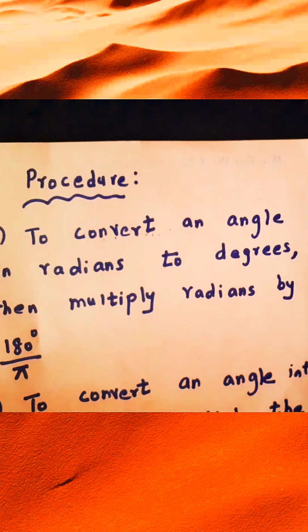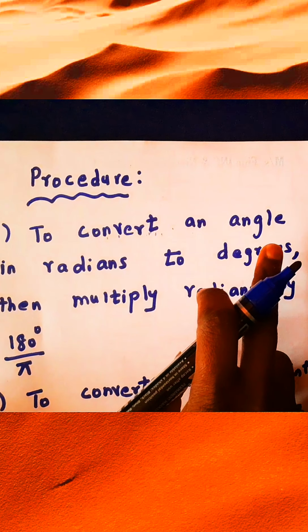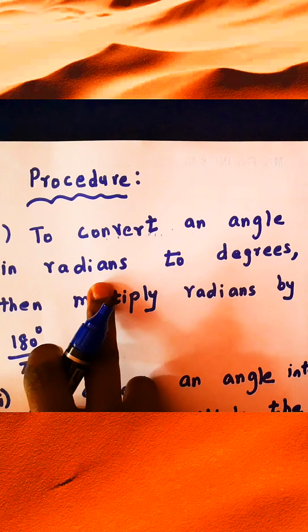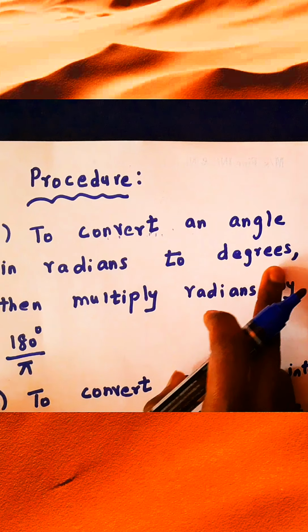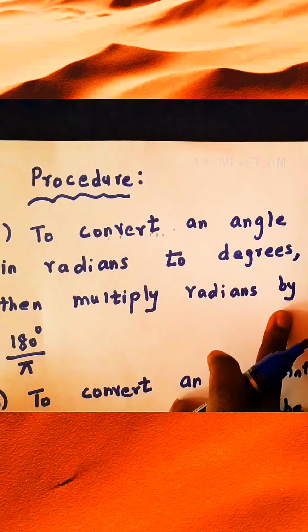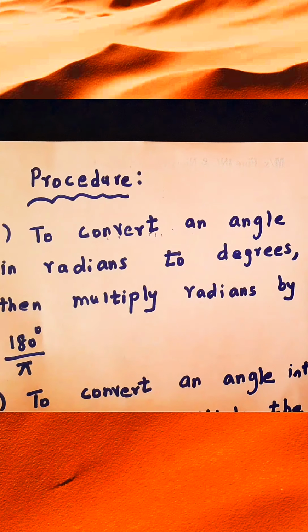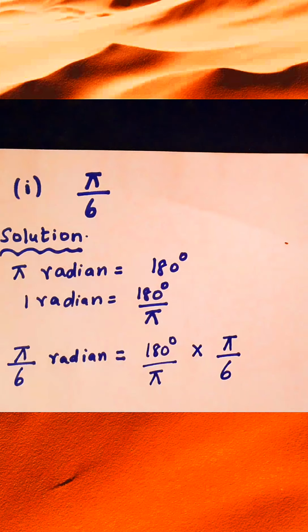That is the procedure: to convert radians into degrees, we multiply the radians by 180 degrees divided by pi. It's very simple.